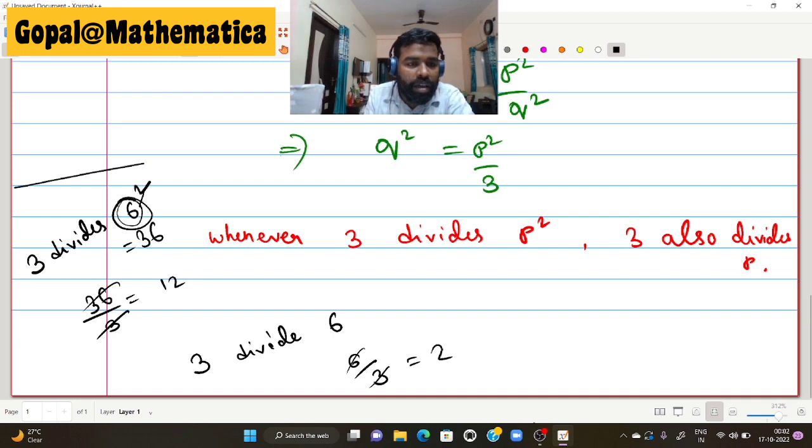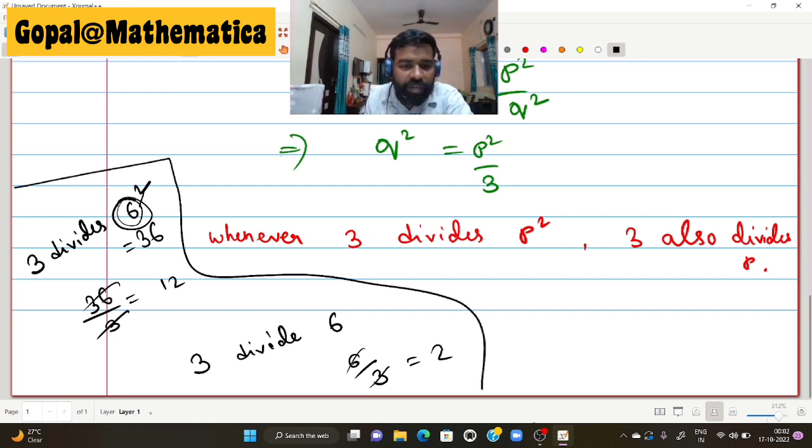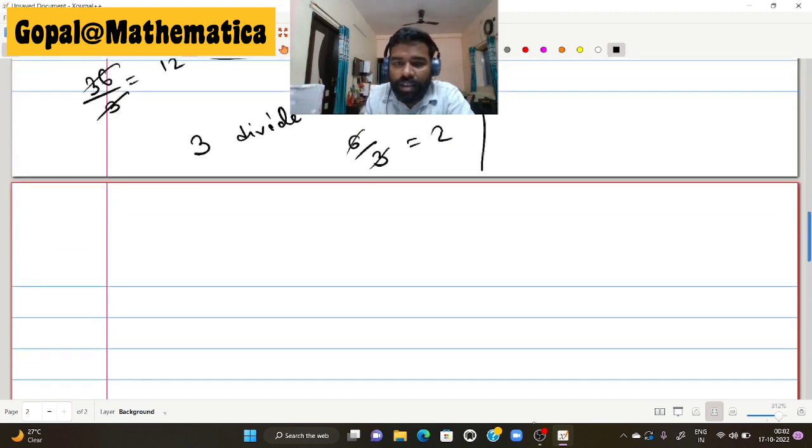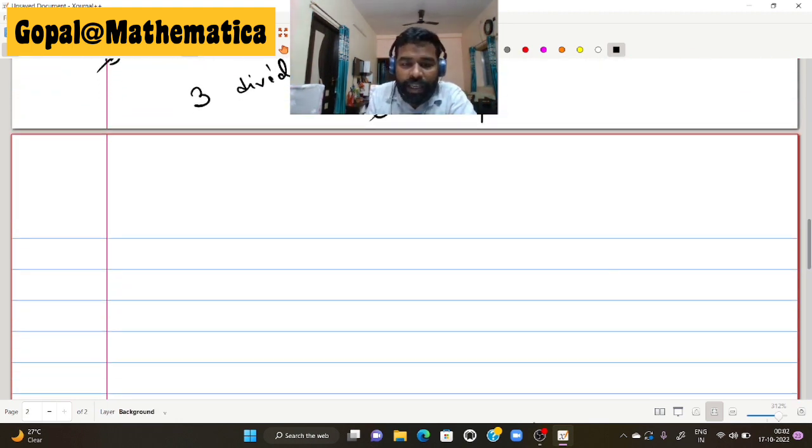So this example which I gave, this is always true actually. You can take any numbers, it will follow. So whenever 3 divides p square, 3 also divides p. This is something unique which we have noticed here. Next, what does this mean?